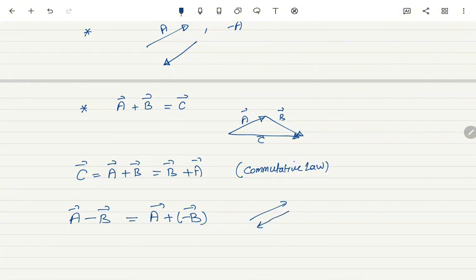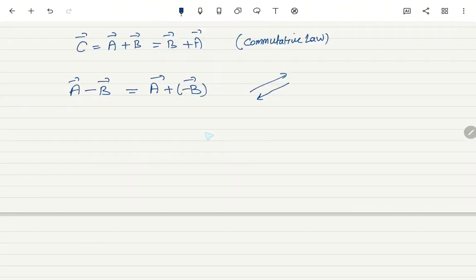So when we subtract two vectors, if A is in this direction and B is in this direction, the reverse or minus B will be something like this, and the resultant vector is C. Again, tail to tail, head to head.